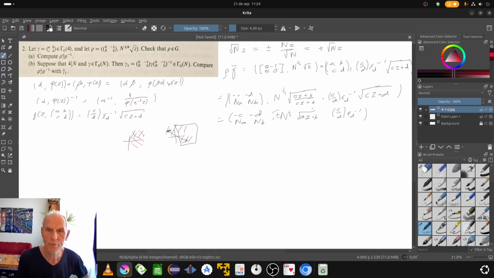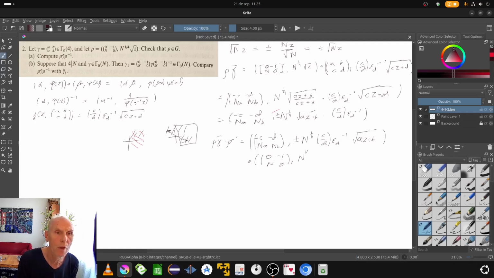We'll see if it's any idea to do this. Well, next we multiply. Oh, what am I doing? Yeah, and then rho to minus first. This is the opposite, so we need to find the inverse. We should have started doing that. This one multiplied by itself.